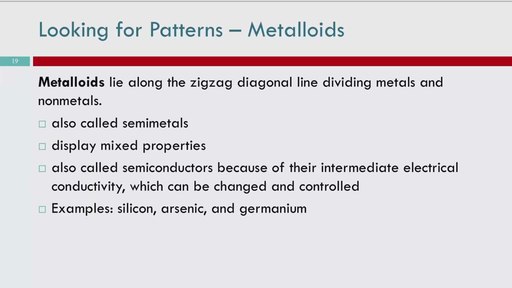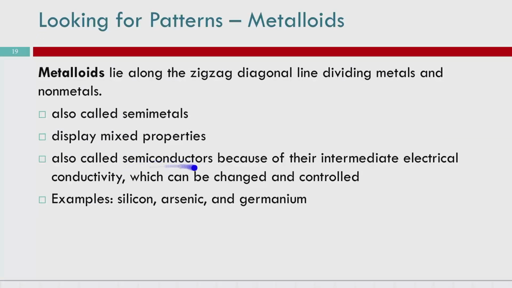And then our weird ones in the middle along that zigzag line, you also have that zigzag line on your yellow sheet. Some of those on that zigzag line are metalloids or semimetals. These tend to have more diverse properties. They're also called semiconductors sometimes because of their intermediate electrical conductivity, which can be used in making electronics, like silicon.